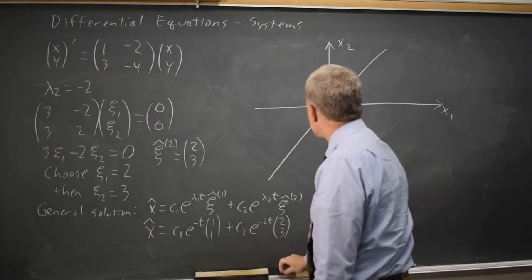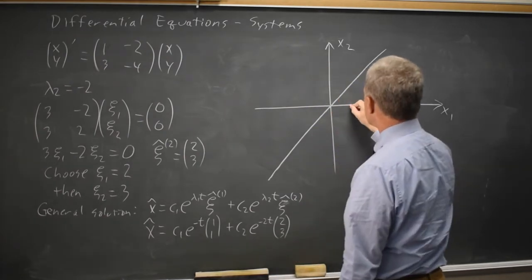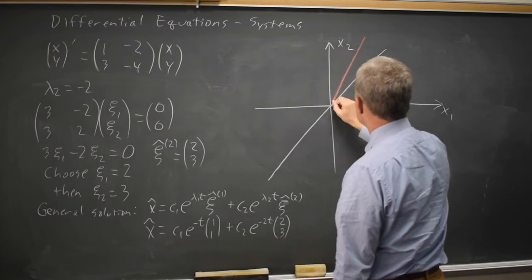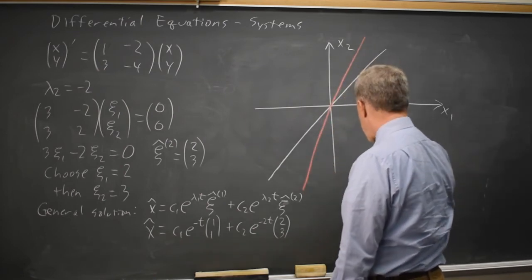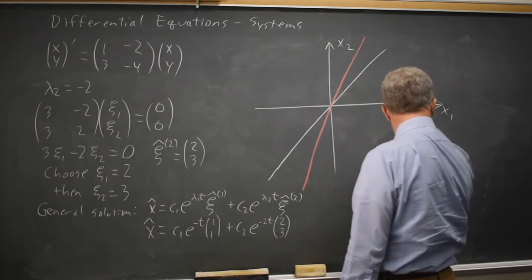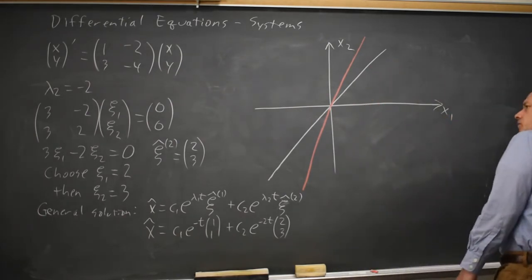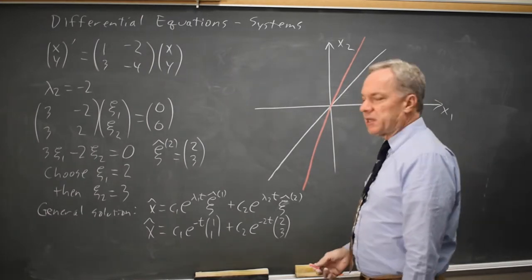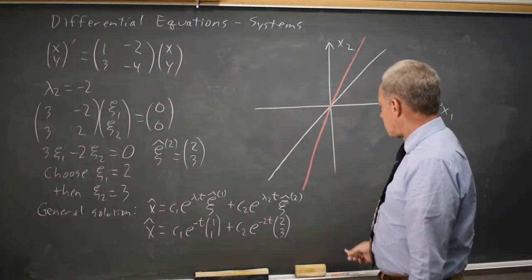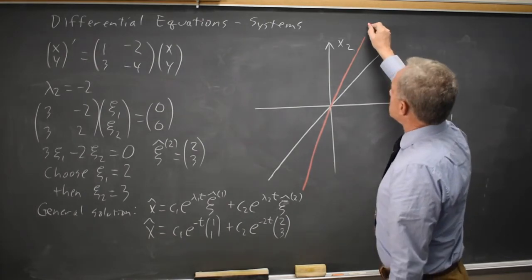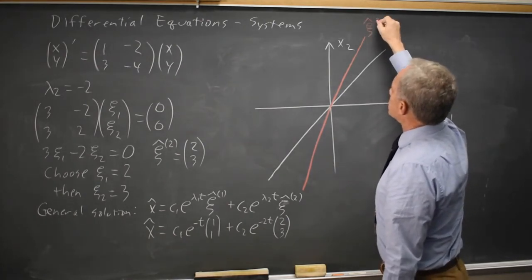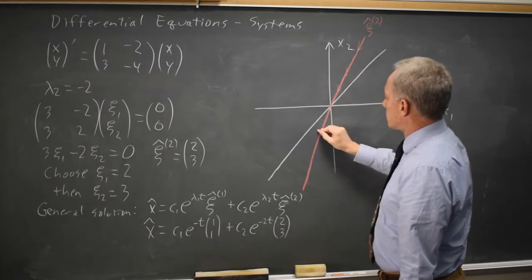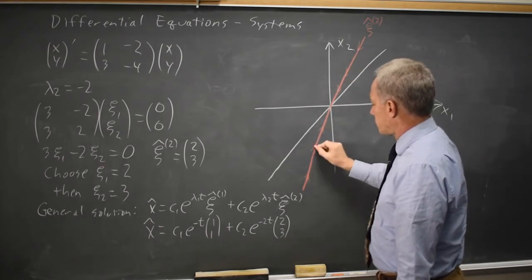The vector 2, 3 goes over 2 and up 3. And both vectors are passing through the origin. Since both eigenvalues are negative, that means if we started on eigenvector 2 here, as t increases, we move inward along that eigenvector.